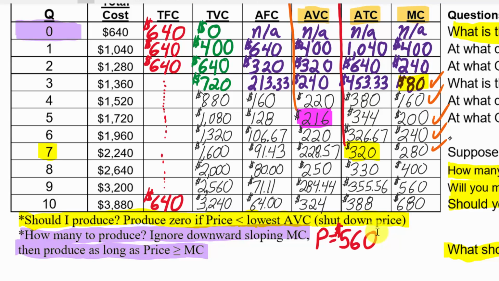Yes, yes, yes, yes. Now wait a minute, here's the interesting case. The ninth unit is going to cost us $560 to make, and we can sell it for $560. What should we do? Well, let's look at the rule first. Produce as long as price is greater than or equal to marginal cost.